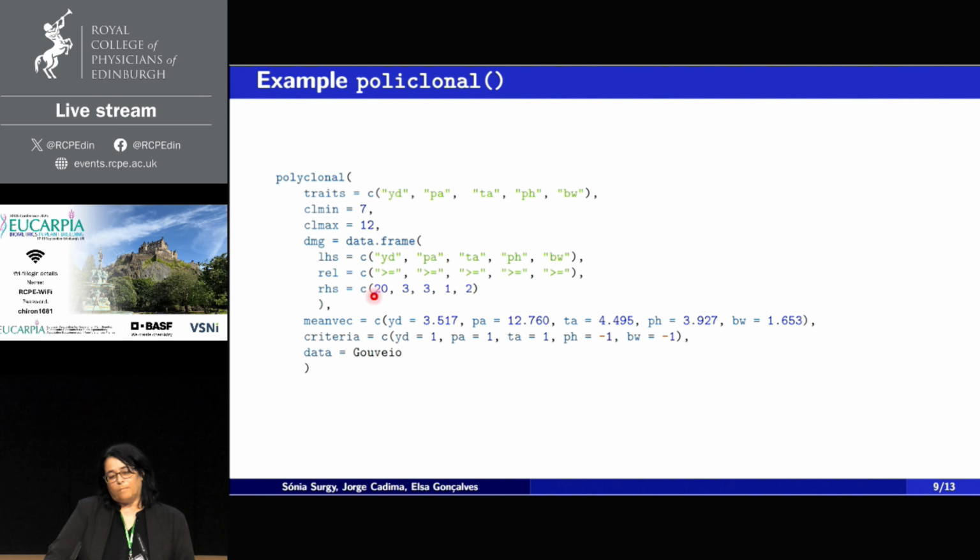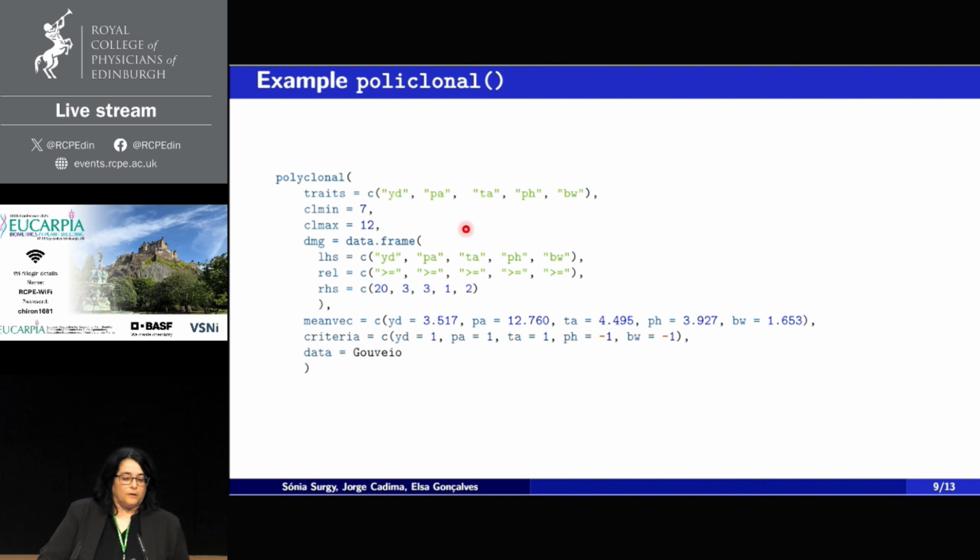So this is an example of the application of the polyclonal function. We have the argument traits to indicate the traits we want to optimize. The CL min and CL max allow us to define a range of group sizes that we want to obtain. In this example, we ask for groups from 7 to 12 genotypes. The DMG argument is used to define the constraints.